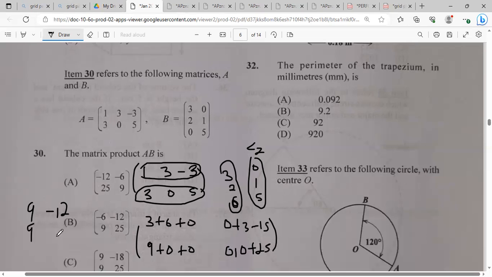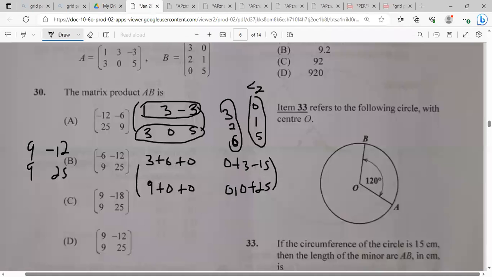So it's actually B. No, not B, because a negative 6 they have here. Hold on, 3, 2, 6, negative, yeah. I forgot that. 9, negative 12, 9, 25. So it's D. Look carefully, guys, because I nearly clicked this in. But there is a 6 there, so I see that right. So be careful. All right, so we're halfway there. Let's go, let's go.